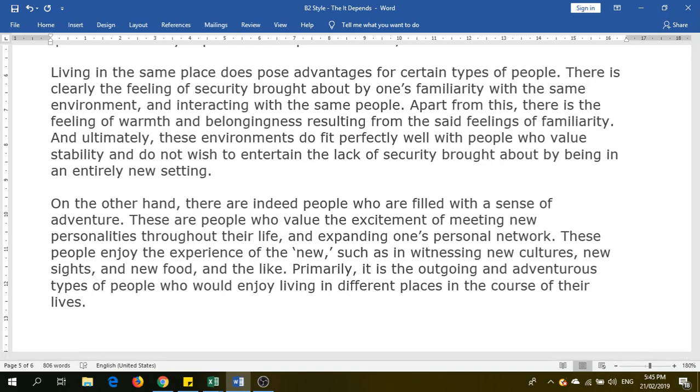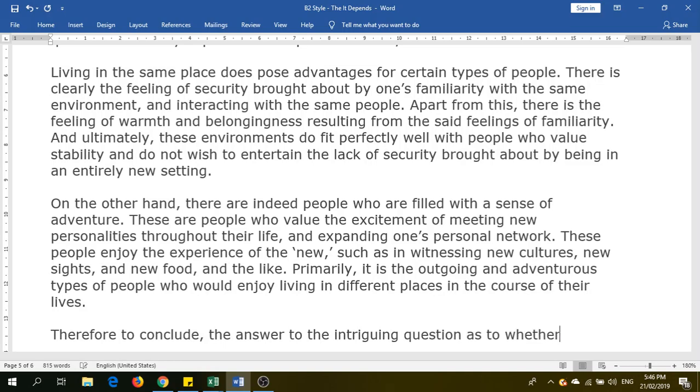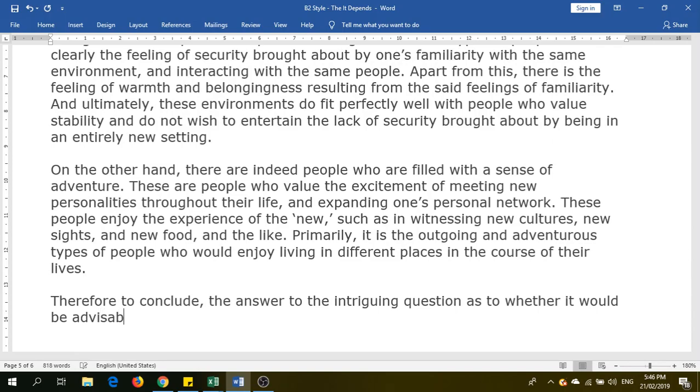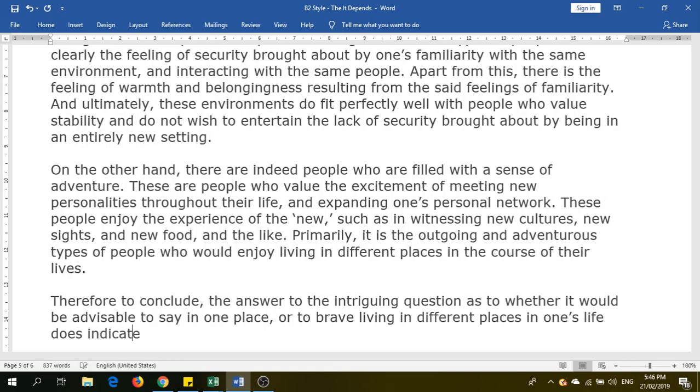So now, having answered that question, then we can now conclude the essay by saying, therefore, to conclude, the answer to the intriguing question as to whether it would be advisable to stay in one place or to brave living in different places in one's life does indicate that both are indeed advantageous.